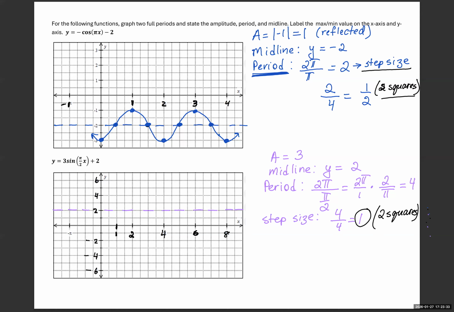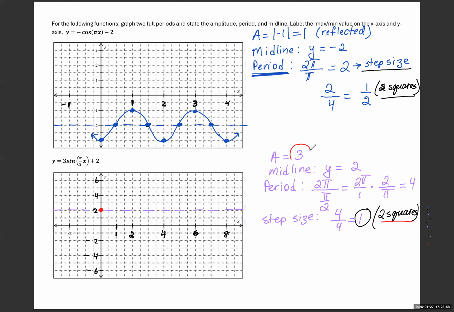All right, let's go ahead and put it all together, graphing it as we go. So the sine function starts at an x-intercept of your new x-axis because you shifted it up 2. And then the next step, 2 squares to the right, goes into a maximum.